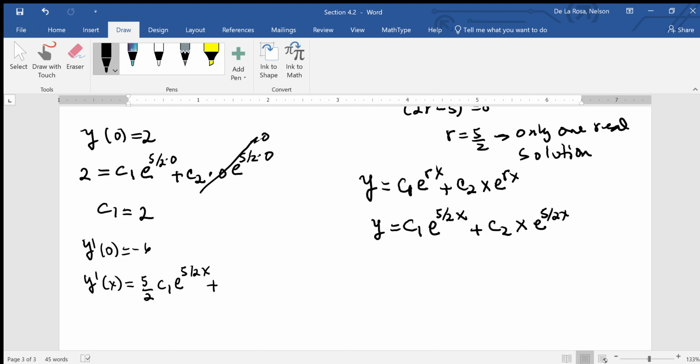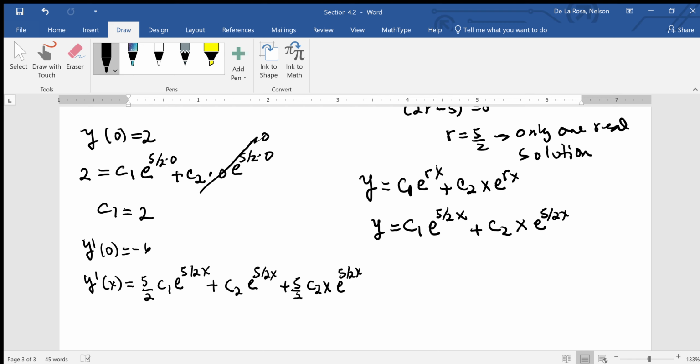If we do that, we're going to have C2 e to 5 halves x plus 5 over 2 C2 x e to 5 over 2 x.